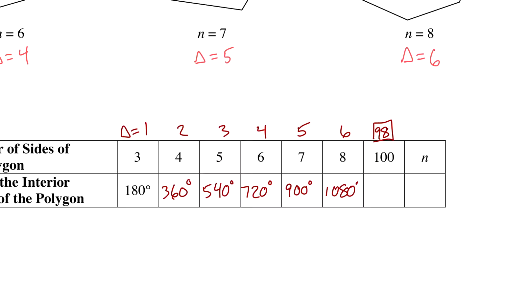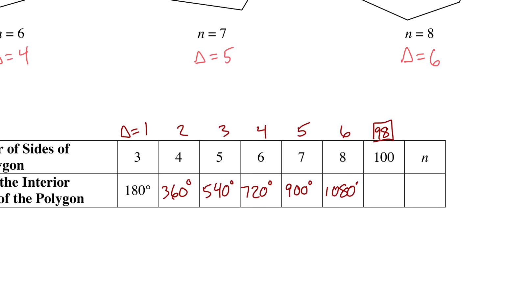How did we get 98? For all of these, the number of triangles was always 2 less than the number of sides. So 3 minus 2 is 1, 4 minus 2 is 2, 5 minus 2 is 3, 6 minus 2 is 4, 8 minus 2 is 6, and 100 minus 2 is 98.